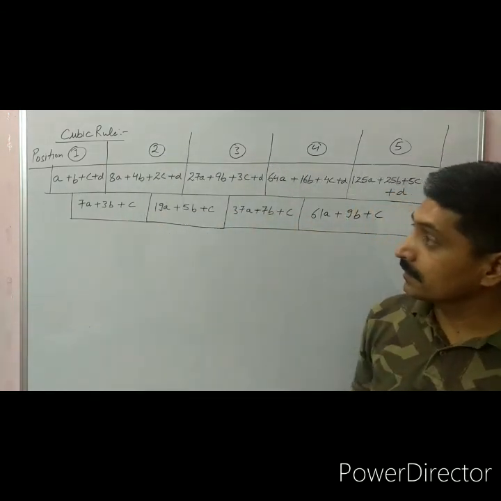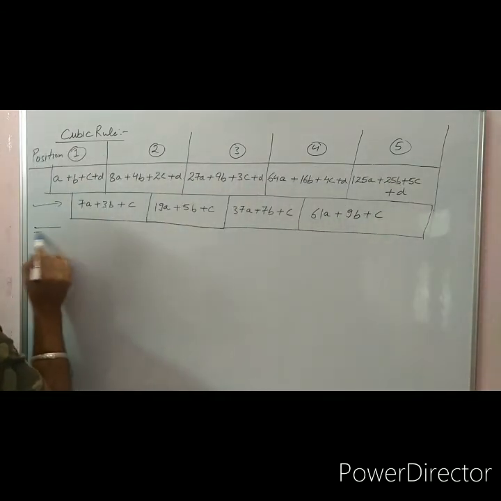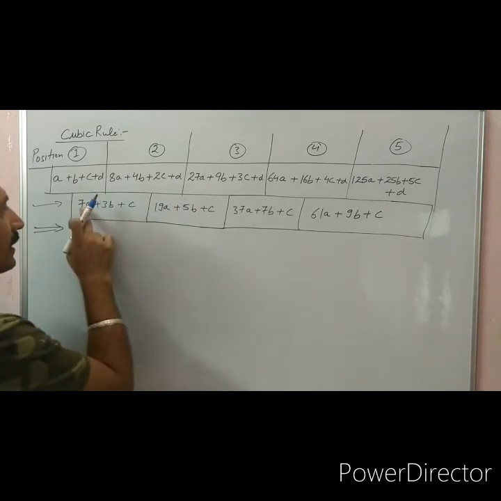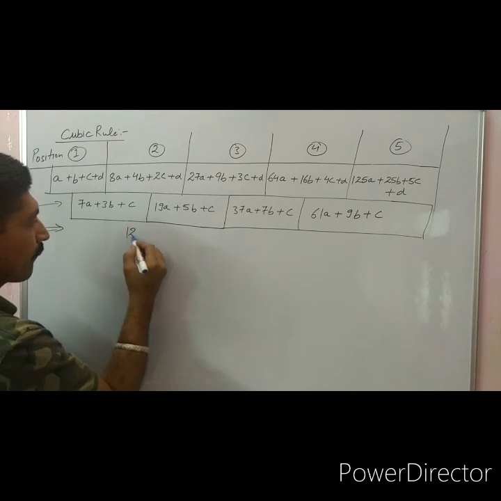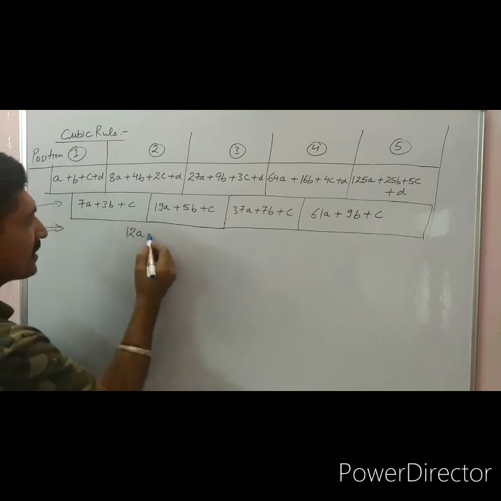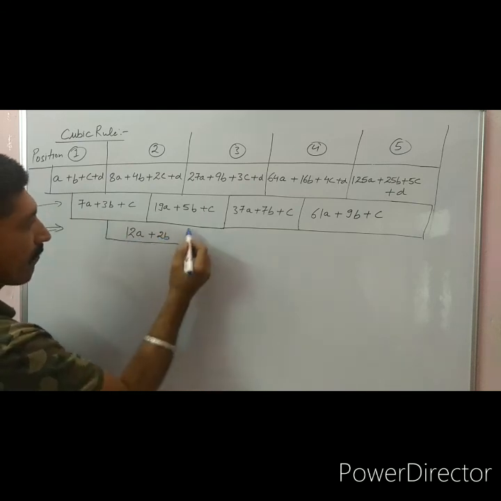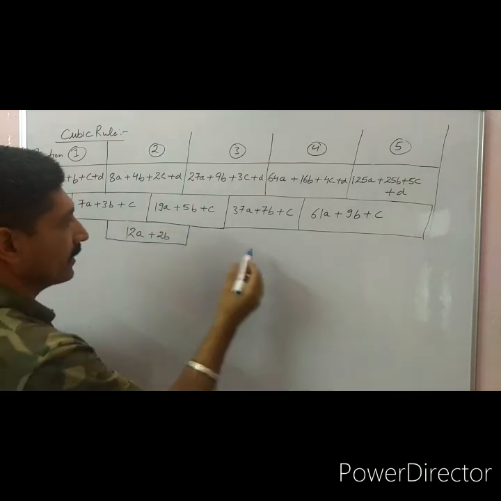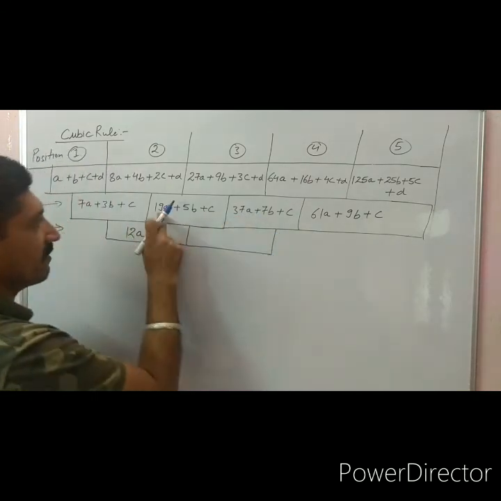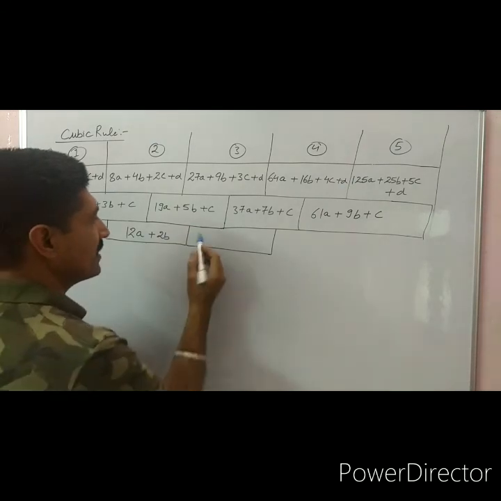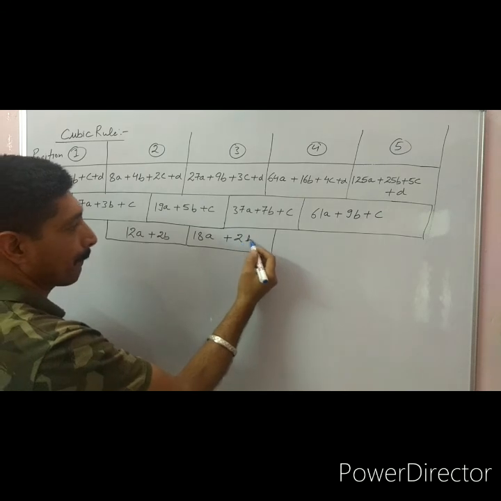Now for the second difference, we have 19 minus 7, that is 12A plus 2B. Next, 37 minus 19, that is 18A plus 2B.